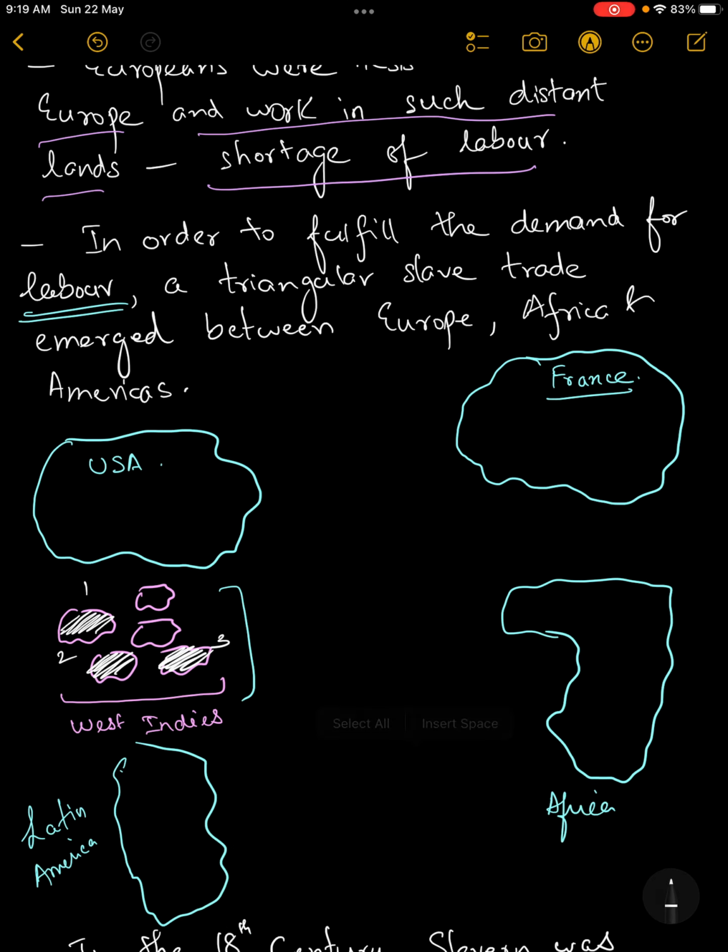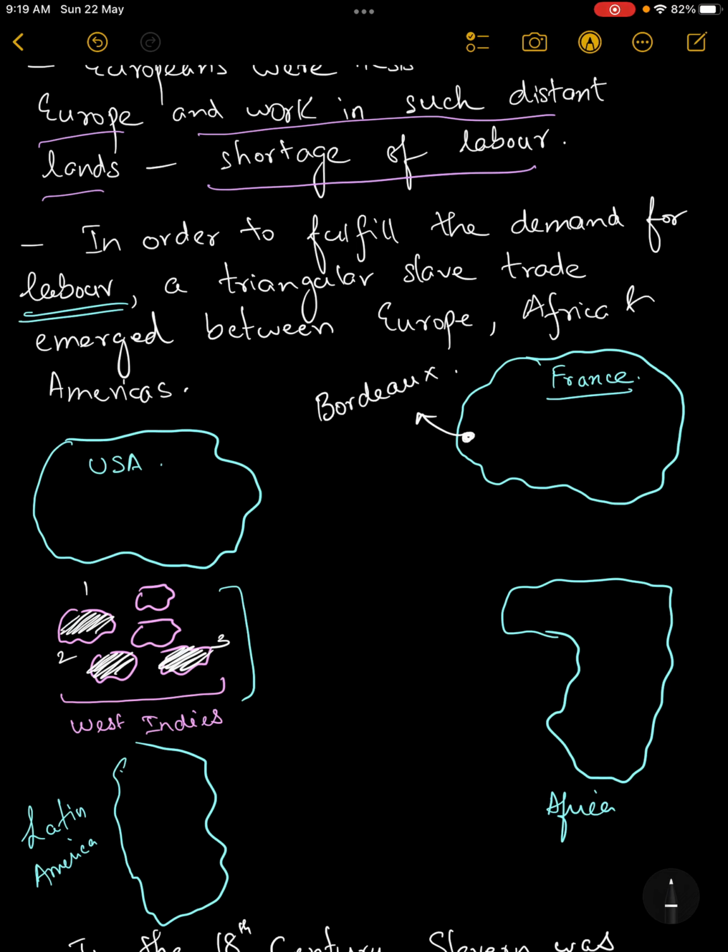Now during the 18th century, France emerged as a major player in the global slave trade. Particularly, two major cities in France emerged as the hub of slave trade. The first city is a port city, Bordeaux.